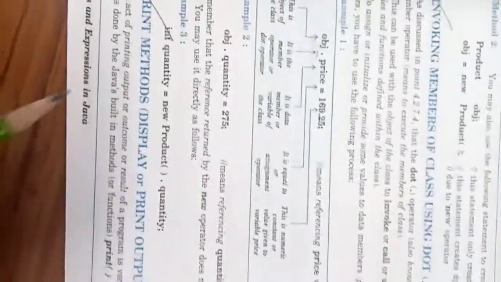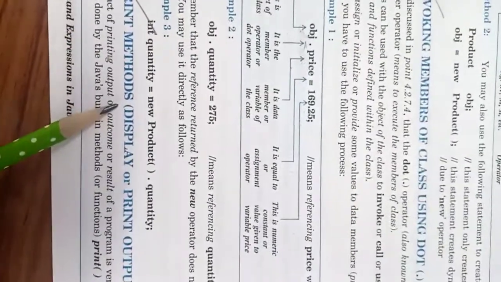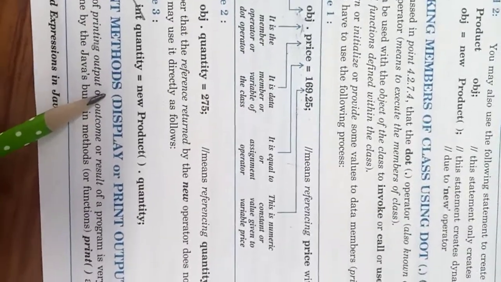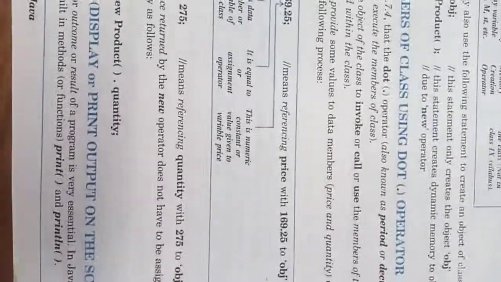Now print methods, methods to display or print something on the screen, print output on the screen. We have discussed these methods earlier also. These are System.out.print and System.out.println. Print and println are the methods. SO is not the method name actually.